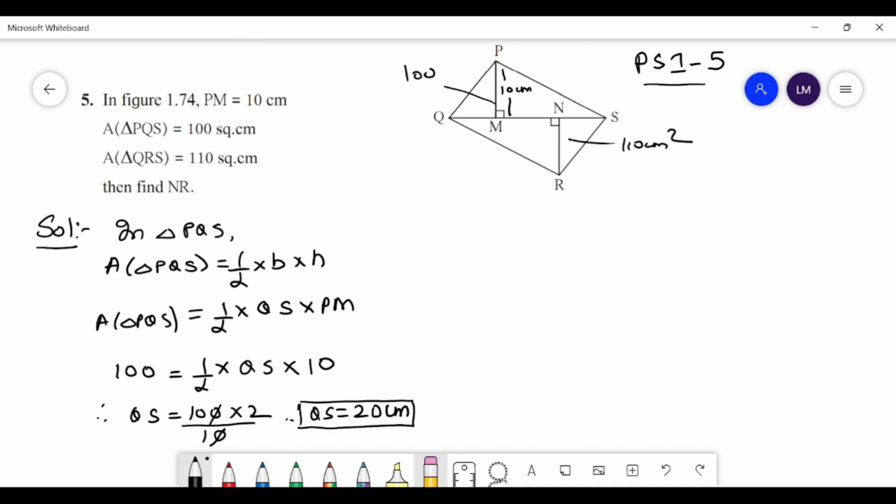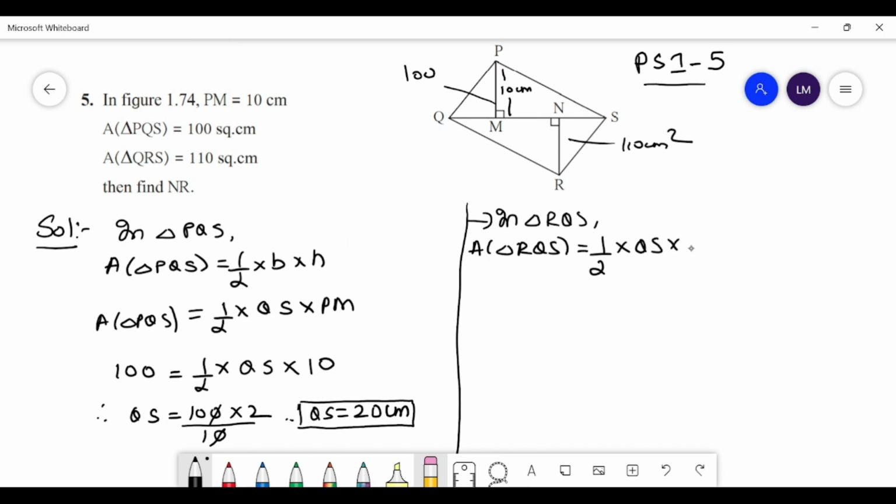Right? Now, next, in triangle RQS, the area of triangle RQS is equal to half into base into height. So here the base is QS and the height is NR. So the area of triangle RQS, which is already given, 110 is equal to half into QS.